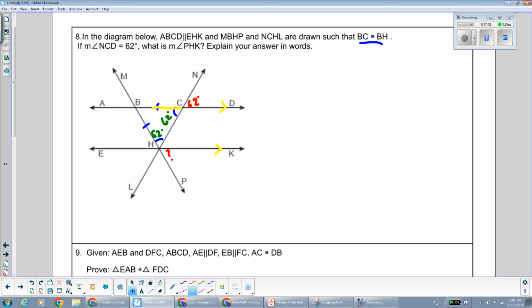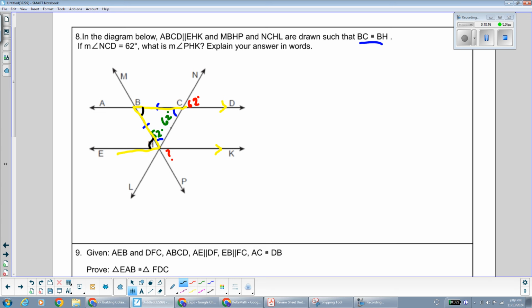I also know that with the parallel lines cut by the transversal, let me highlight it this way instead, with this transversal we could see the letter Z. So I know in the corner of the Z's, we have alternate interior angles that are congruent.